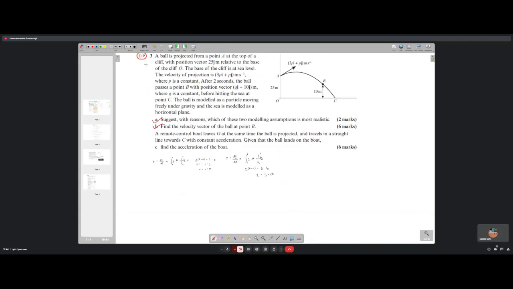I like this. The important thing is you want to find two things about C. You want to find the distance OC, right? And you also want to find the time taken to get from O to C. So those are two things we need to find. Did you calculate either of these things?